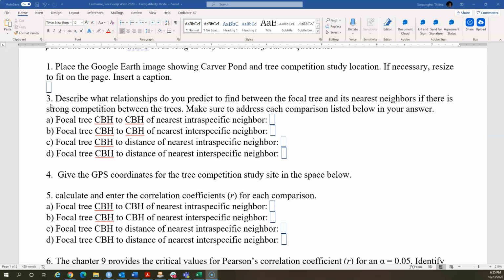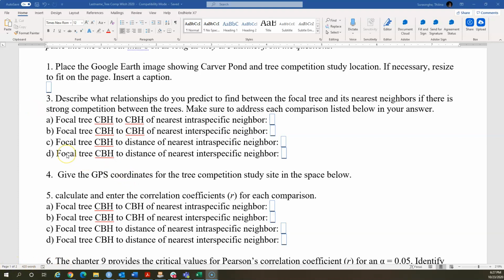So assuming that all the trees you measured were competing, both interspecific and intraspecific, what kind of relationships would you expect between these 4 variables? That is the question.